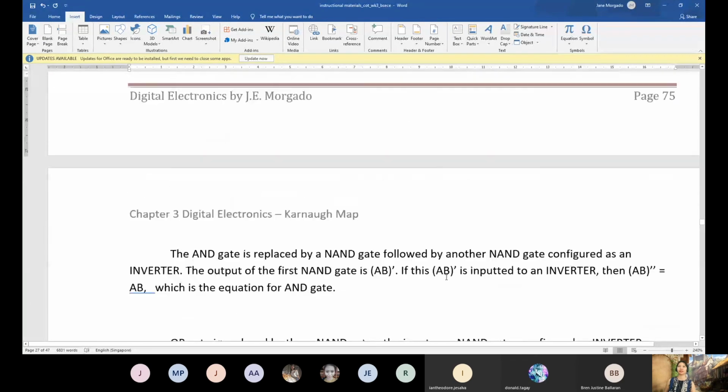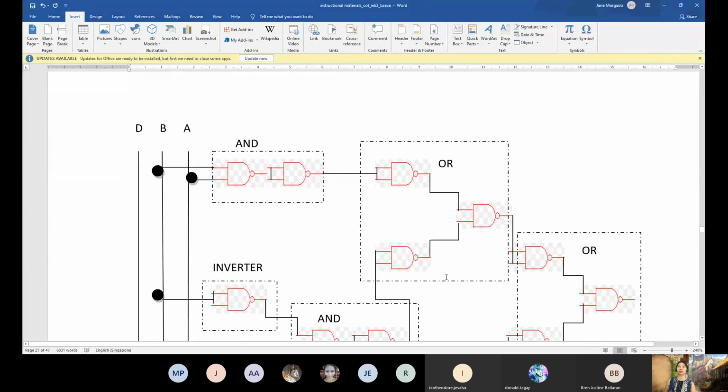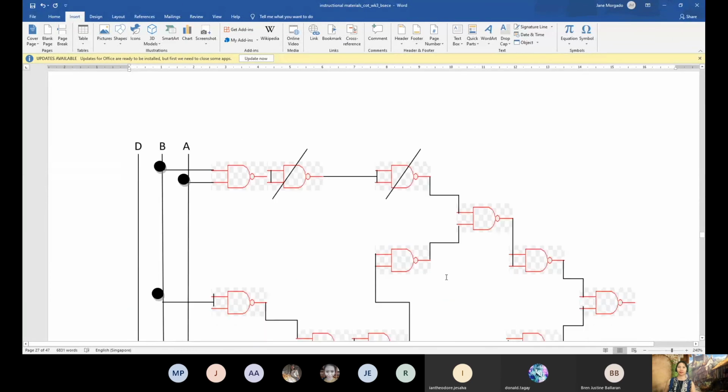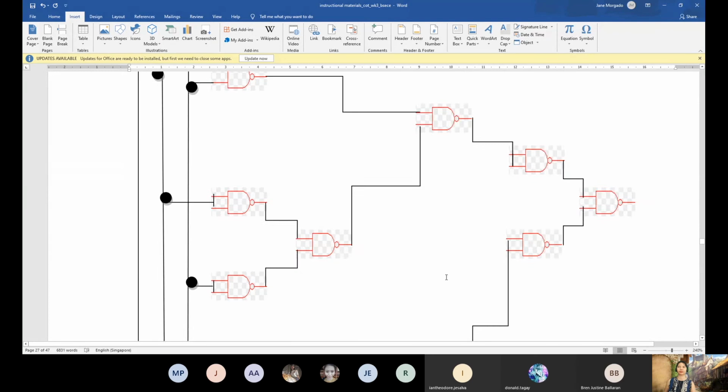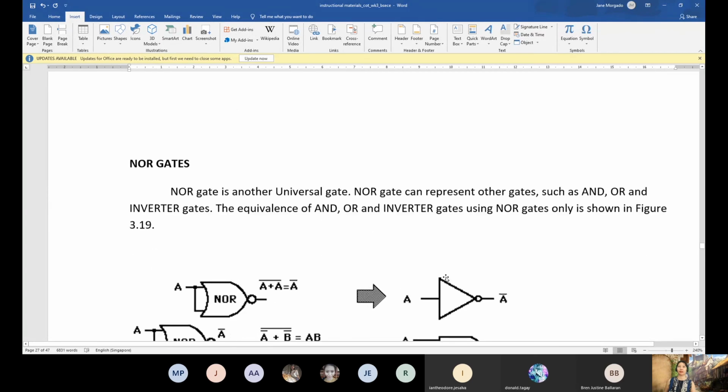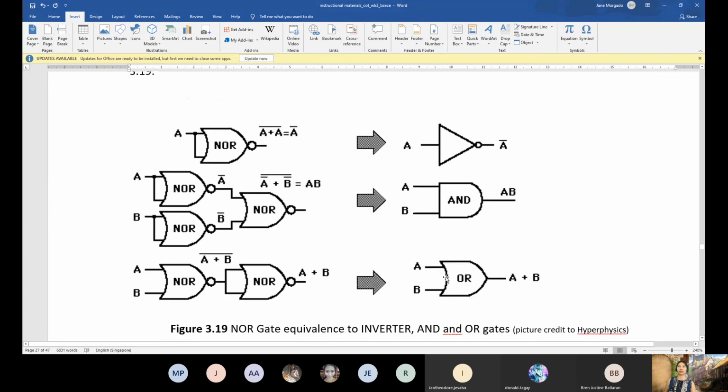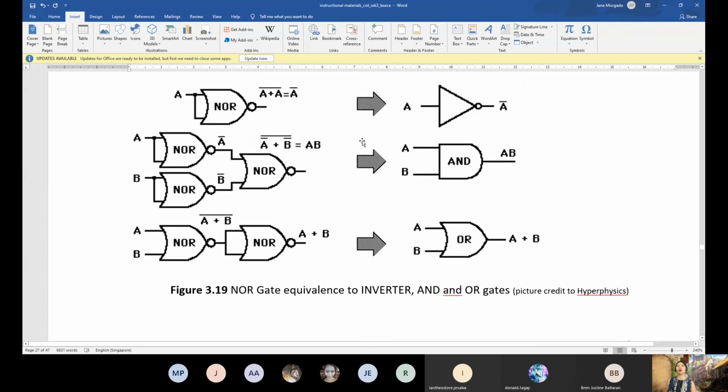This is for NAND. Let's proceed with NOR gates. So for inverter, we have this one, NOR.